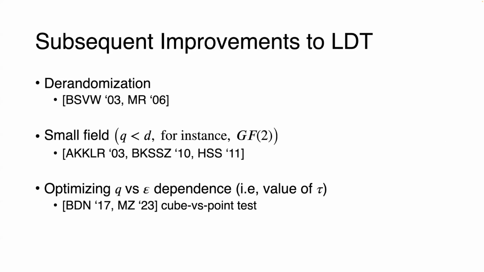And then there's also the question of optimizing the dependence between q and epsilon or epsilon naught, namely in the value of tau in the previous slides. There has been some recent work trying to address this question by studying other variants, such as the cube point test.